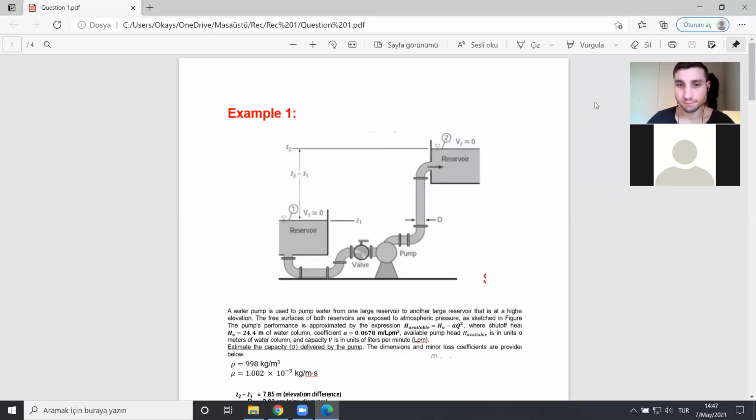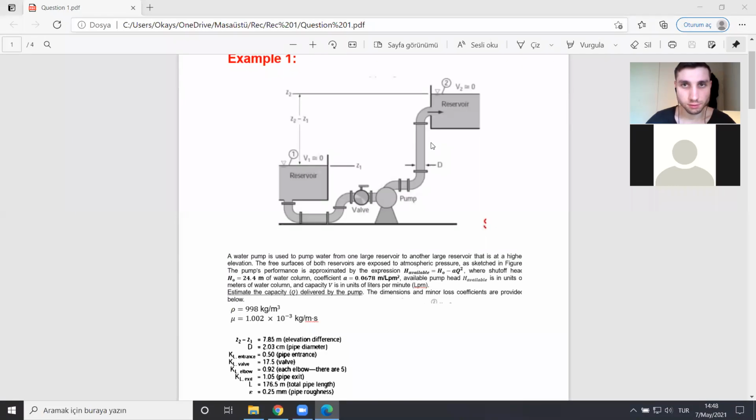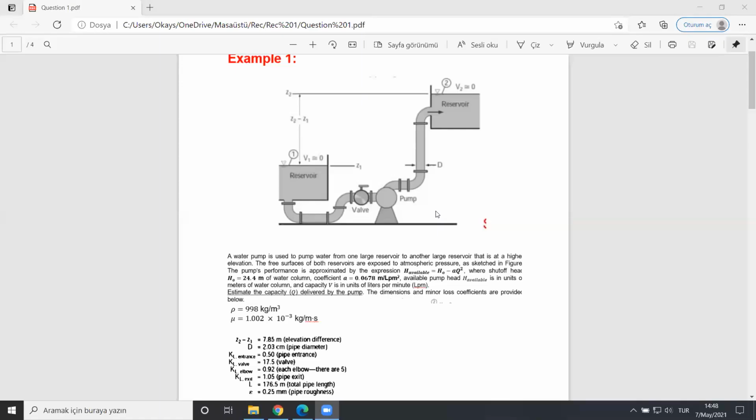Okay. Can you see this screen? Yes, you can, Hocam. Okay, let me stop sharing for a second. Close my cam. And then share again. Okay, I think you can see it again.